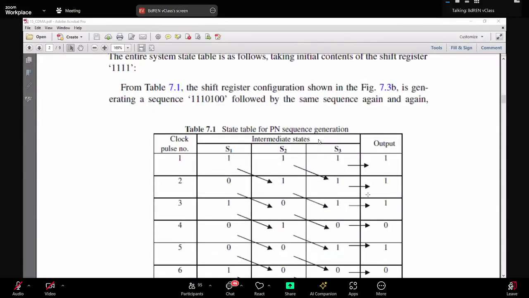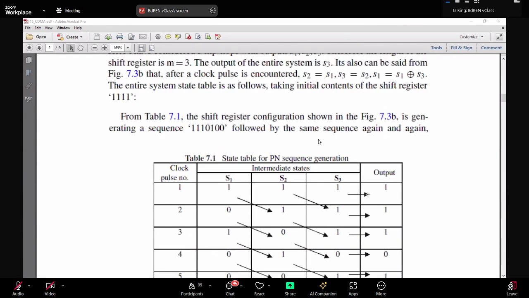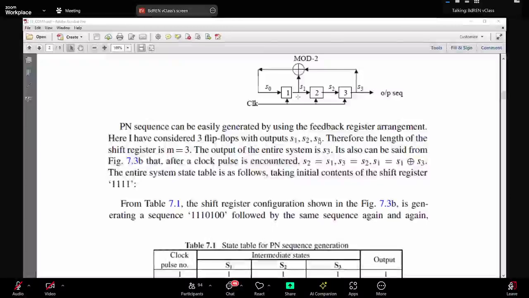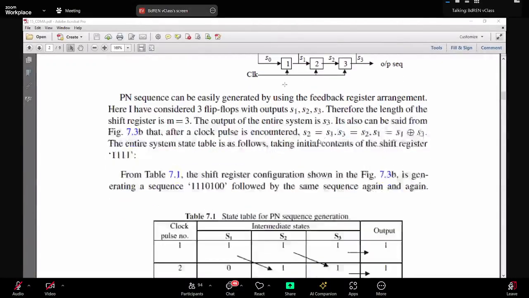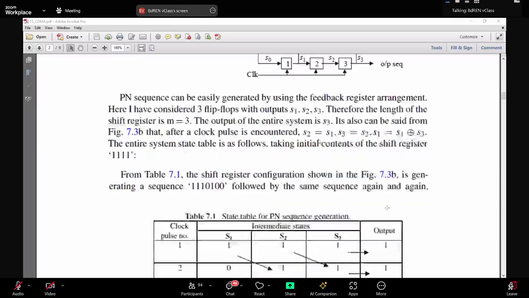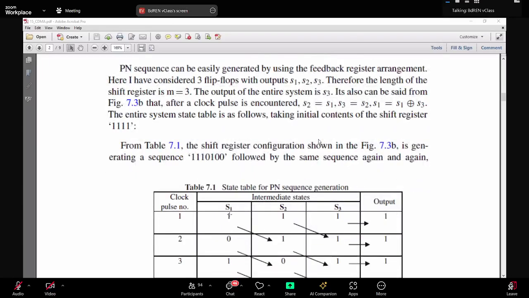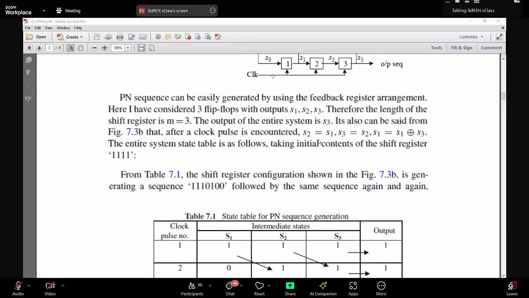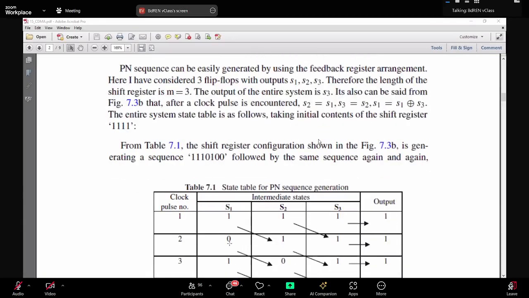In the second clock pulse, you get the input of A0. Oh, sorry, it's not mistaken. S1 becomes A0, and A0 is the XOR of S1 and S3. S1 and S3 are both 1, so you get 0 here.